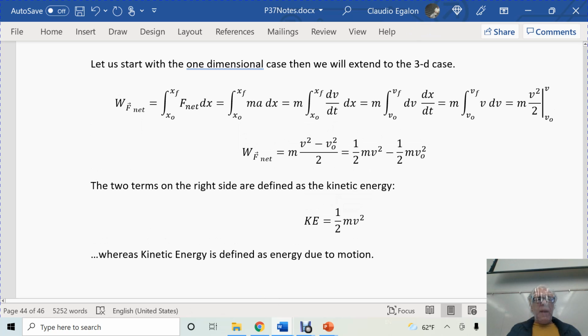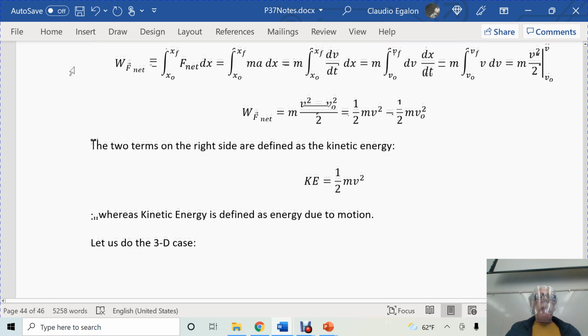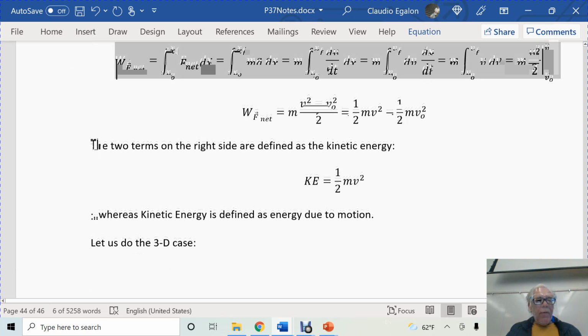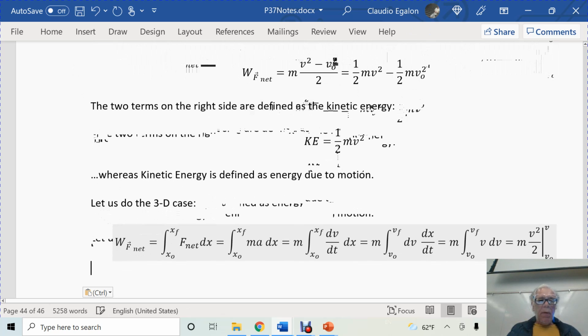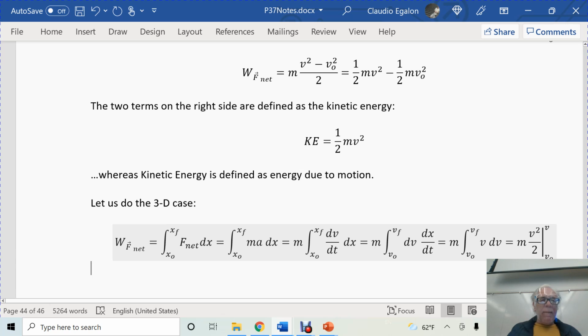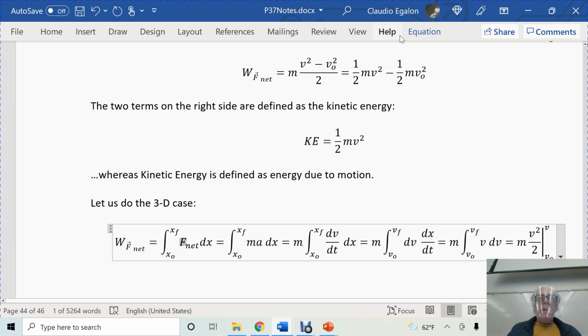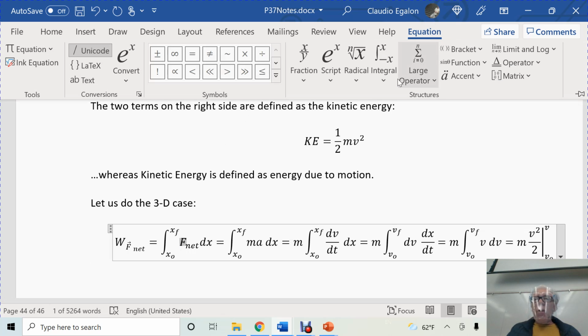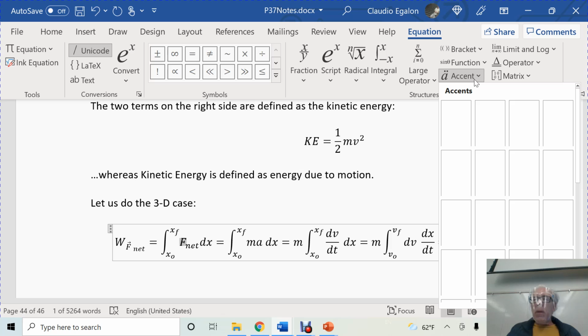Now that's the one-dimensional case. Let us do the 3D case. It's a little bit tricky, but again requires some knowledge of physics. Remember, it's always the net force, right? But now the net force is going to be a vector. And don't forget that the work is always defined in terms of a dot product.